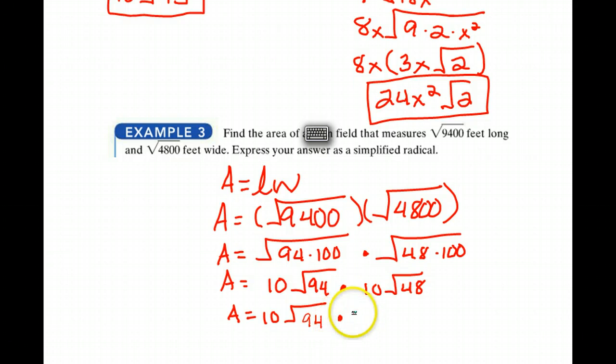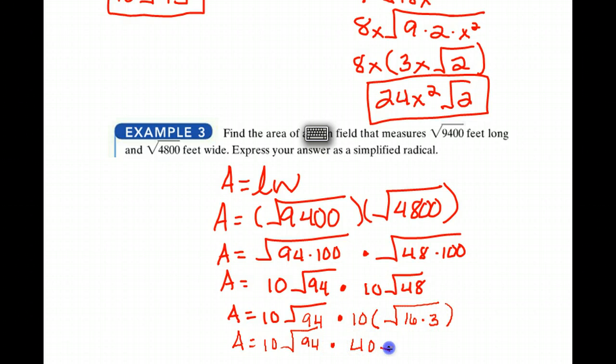We can multiply 48 as 16 times 3. So you can break that square root into 16 times 3 underneath that radical, which will allow you to take the square root of 16, which is 4, multiply it by 10, and have 40 square root 3.